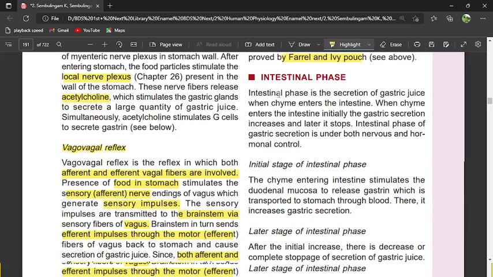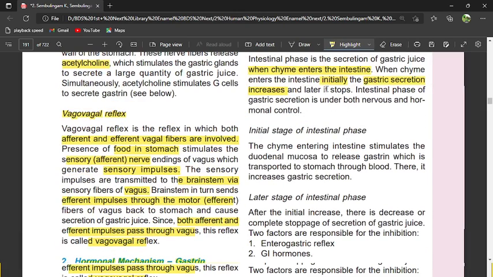Next, intestinal phase. Intestinal phase में क्या होगा? When the chyme enters the intestine, initially gastric secretion increases. अब पहले क्या होगा? Initially gastric secretion increase होगा. Later, that gastric secretion progresses from the intestinal phase.